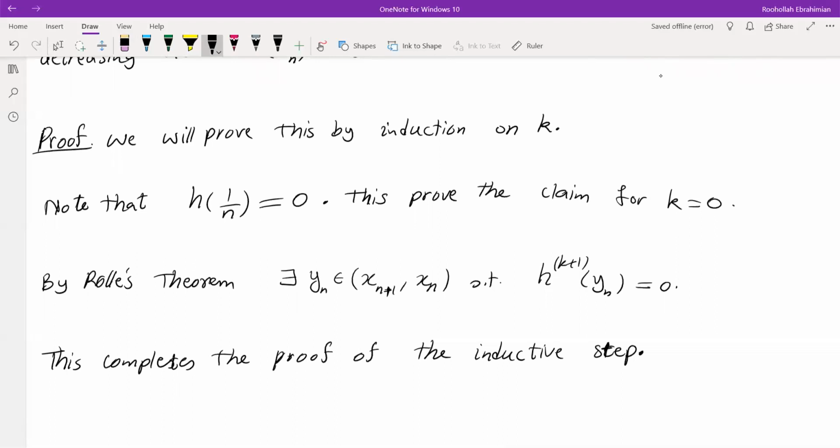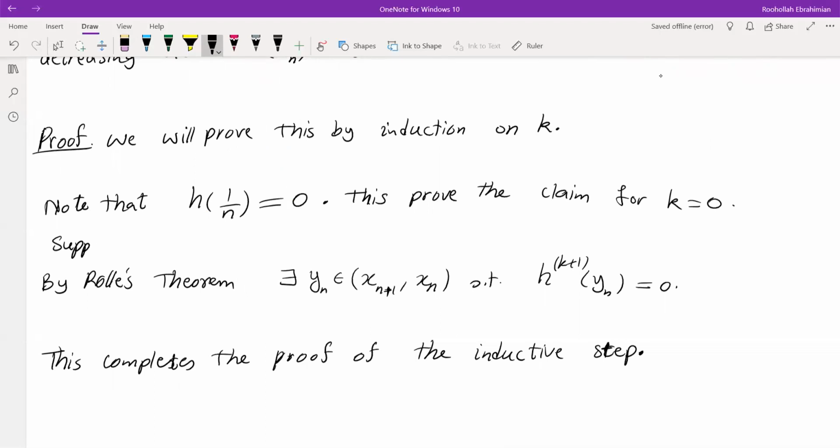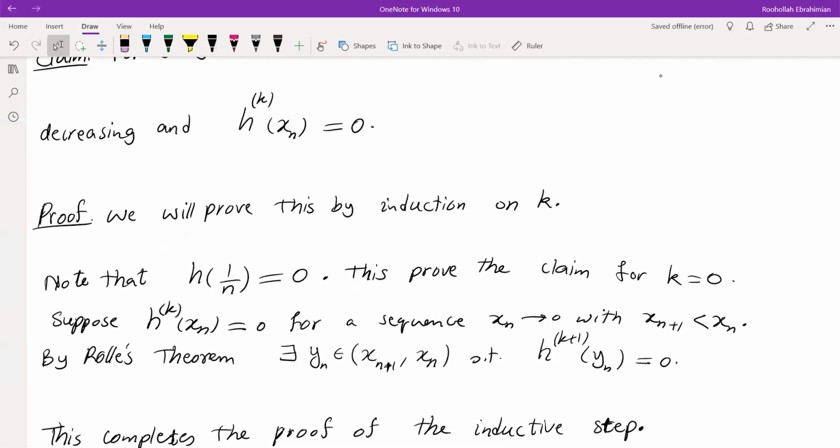So I'm going to add the assumption at the beginning: suppose h^(k) of x_n is equal to 0 for a sequence x_n approaching 0 with x_{n+1} less than x_n.